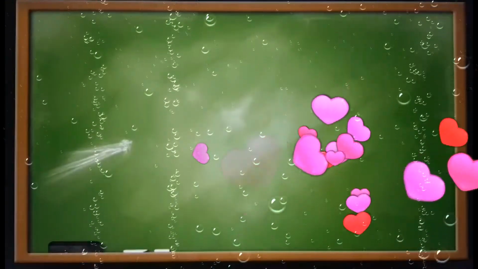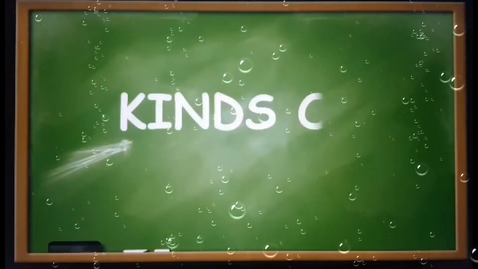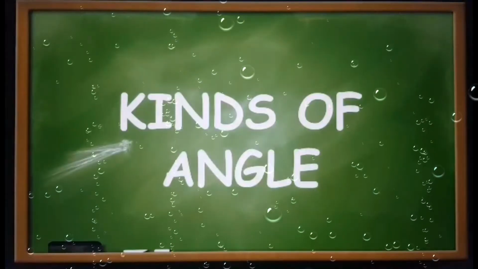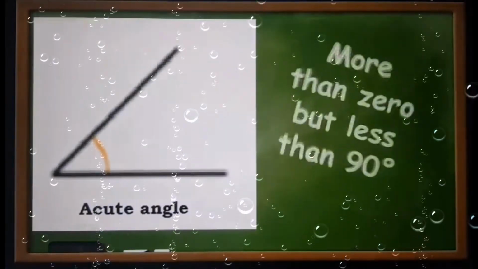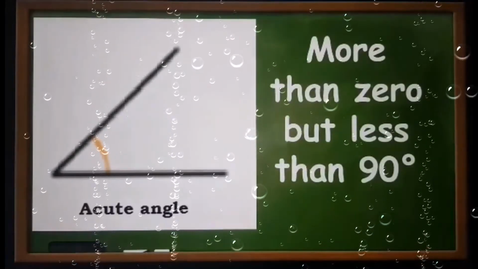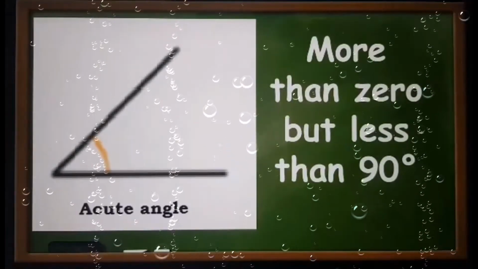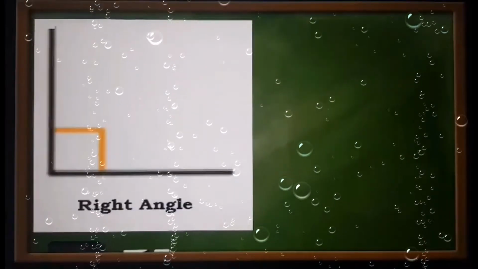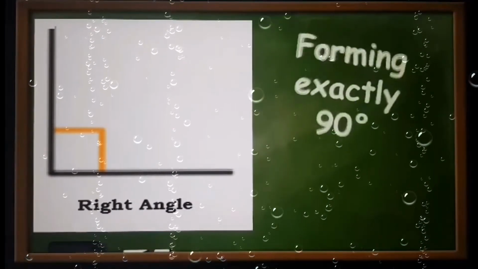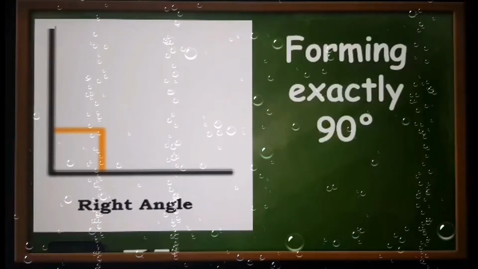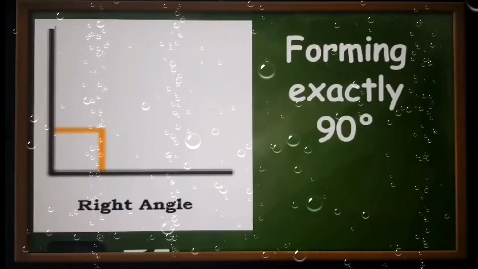These are the kinds of angles. Acute angle. Measure more than 0 but less than 90 degrees. Right angle. Forming exactly 90 degrees.